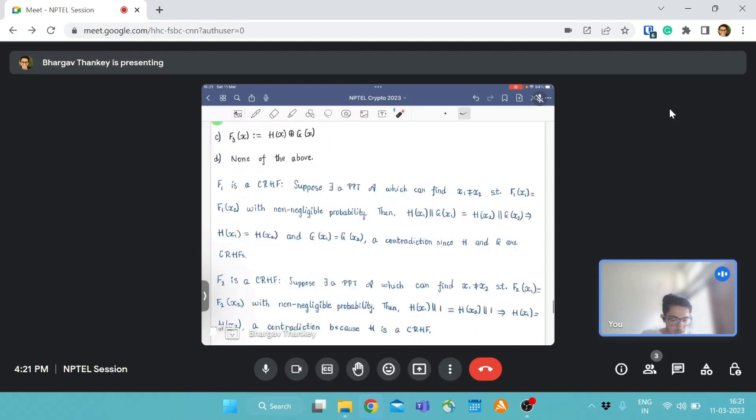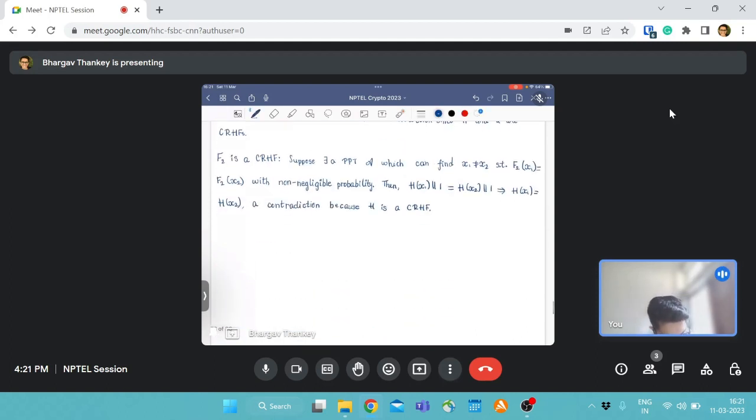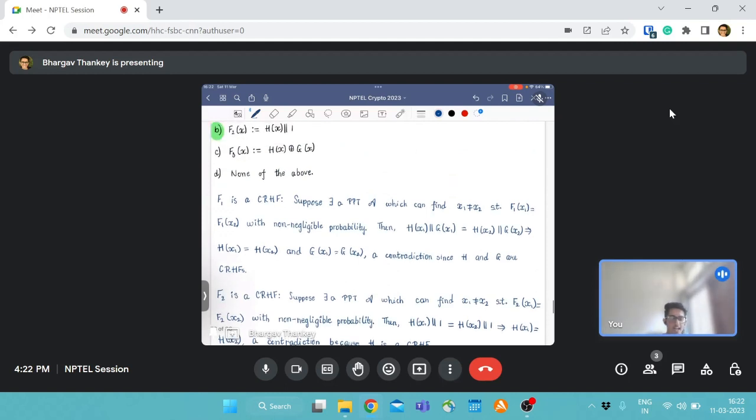Okay, so then let's look at option C. And let's show that F3 need not be a collision resistant hash function. All we have to do is show that there exist H and G, so that F3 constructed using H and G is not a collision resistant hash function.